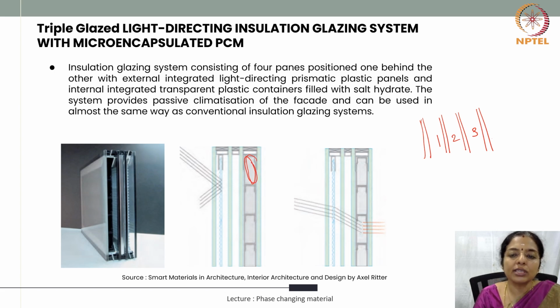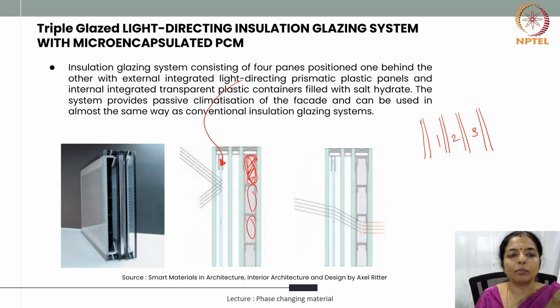The one on the outside has a light directing prismatic plastic panel, which we saw in the previous few slides, which I said behaves like a Fresnel lens. And this internal integrated transparent plastic container has the PCM integrated in it.